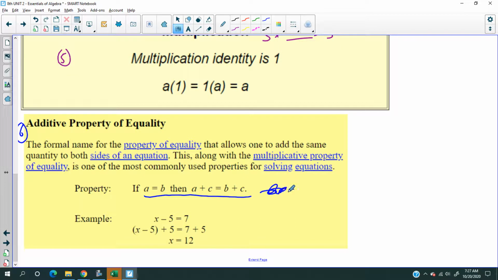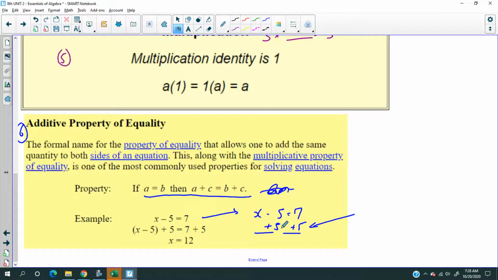So let me just solve this with you guys. We've got x minus 5 equals 7. The act of having to add 5 on both sides, remember what your 6th and 7th grade teacher said? If you add something on the left side, you have to add something on the right side. If you subtract something on the left side, you have to subtract something on the right side.